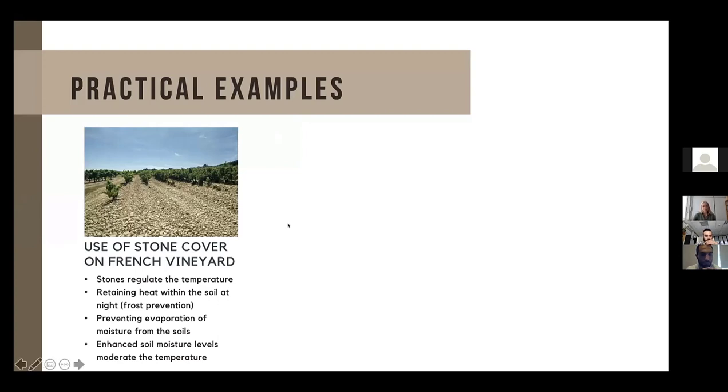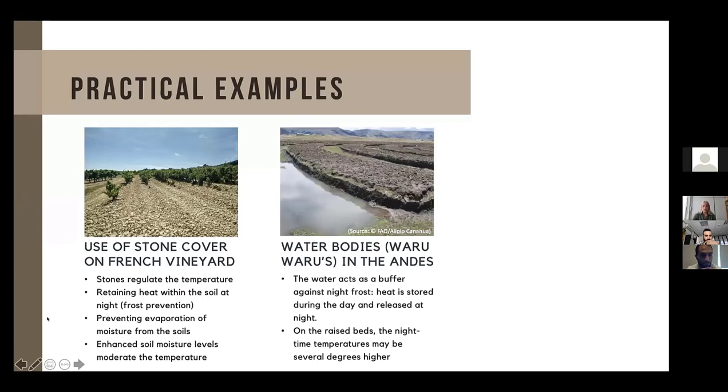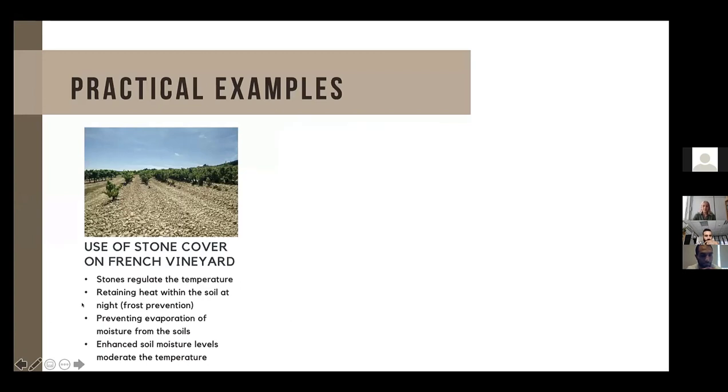The stones also prevent the evaporation of moisture from the soils, resulting in enhanced soil moisture levels, which also moderate the temperature. So this really shows that one intervention on a site, in this case adding stones to the terroir, can change that local microclimate.